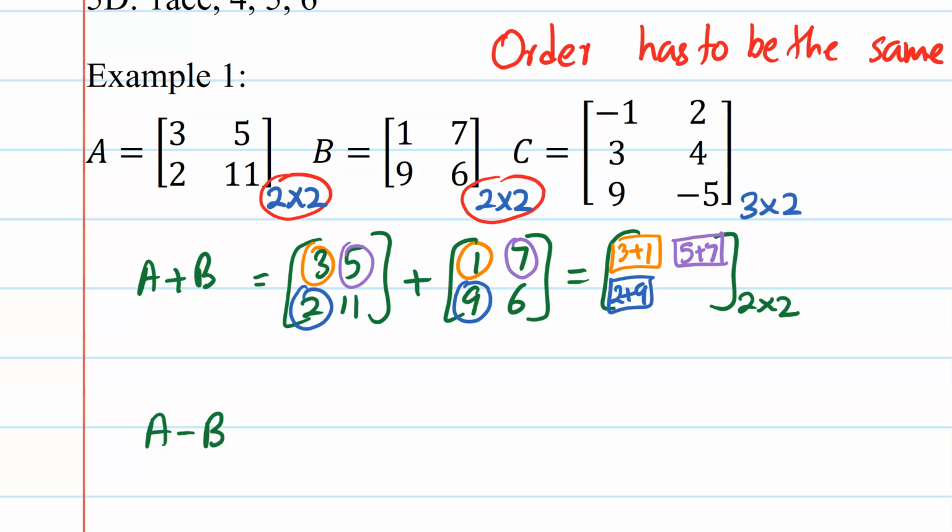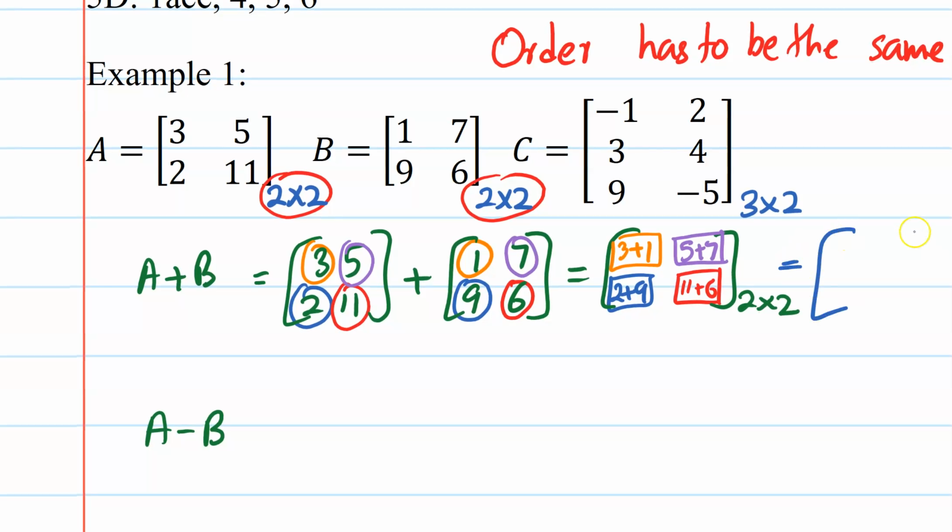Finally, I will have the second row, second column element, 11 and 6. 11 plus 6. Therefore, we can write down the final answer, simplifying these individually: 4, 12, 11 and 17, a 2 by 2 matrix.